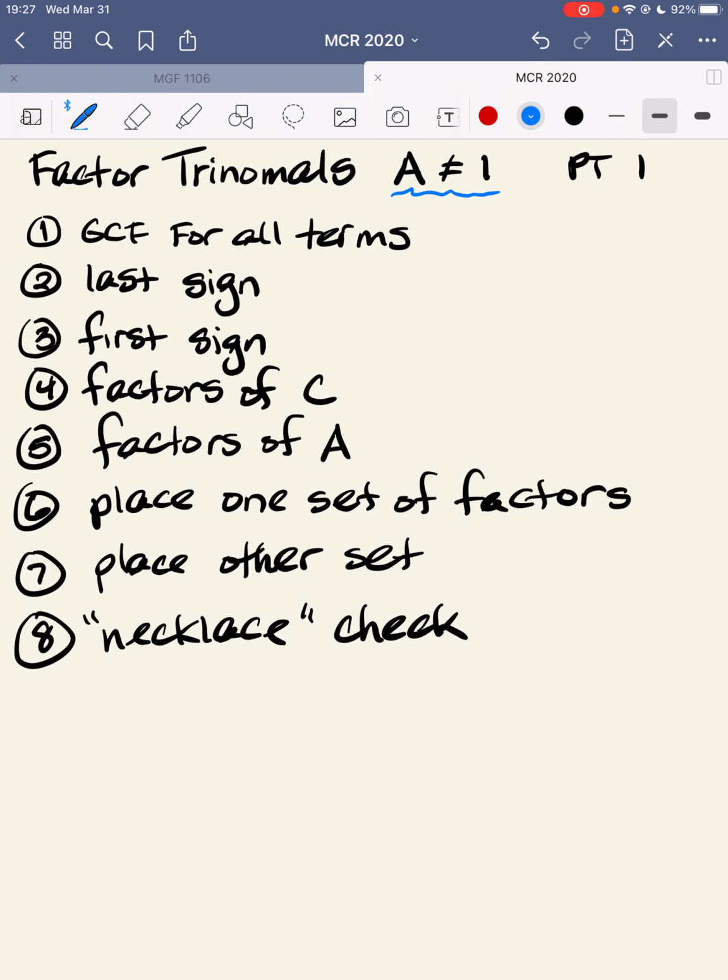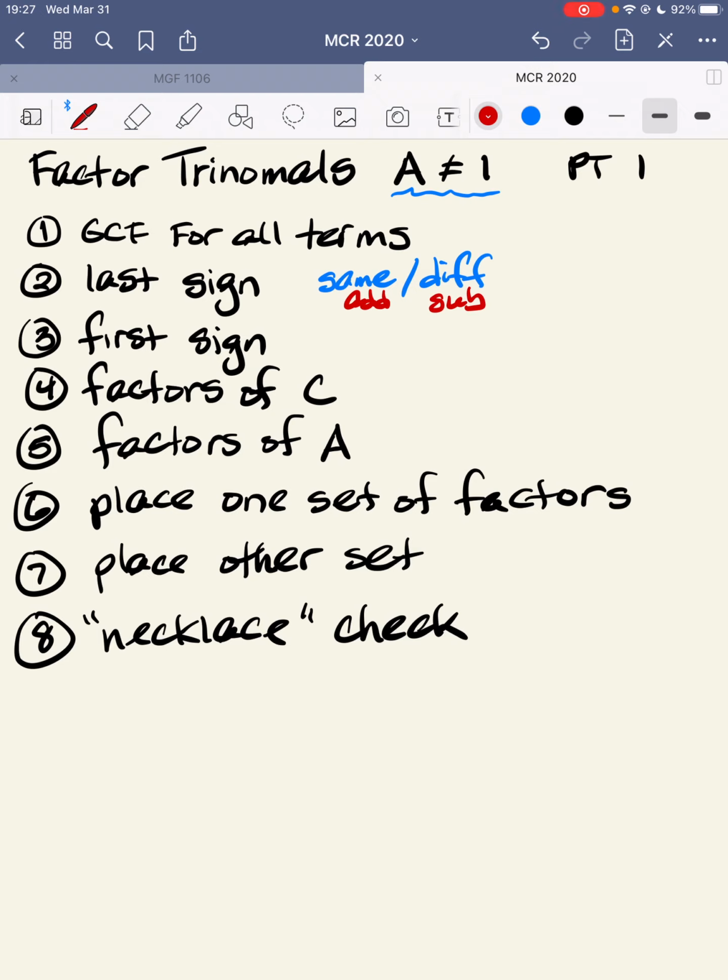Then you still check for your last sign. Remember, your last sign in your trinomial tells you if the signs are the same or different, which means if they're the same, you're adding to get the middle term, and if they're different, you're subtracting to get the middle term. Okay, now we're going to look at the first sign.